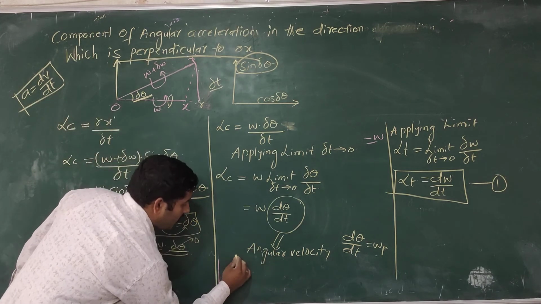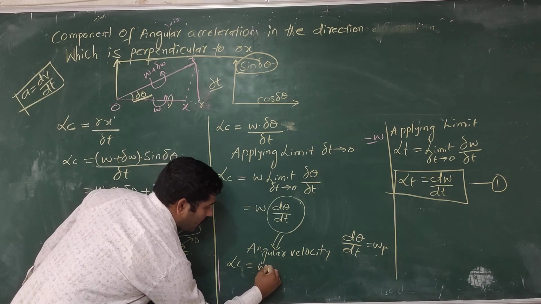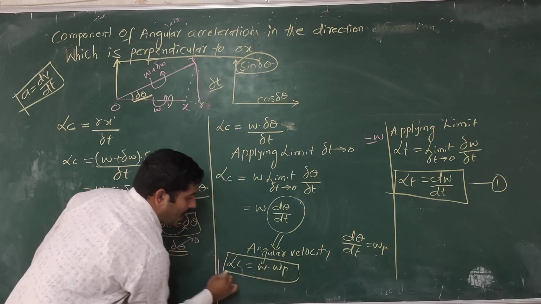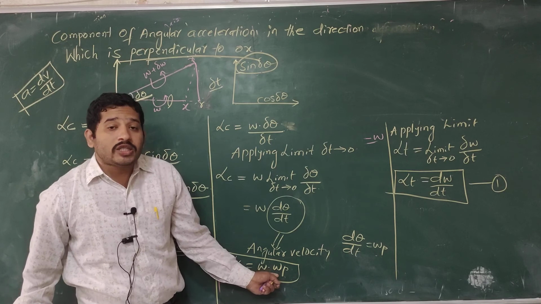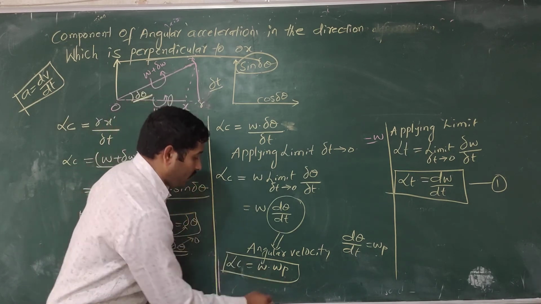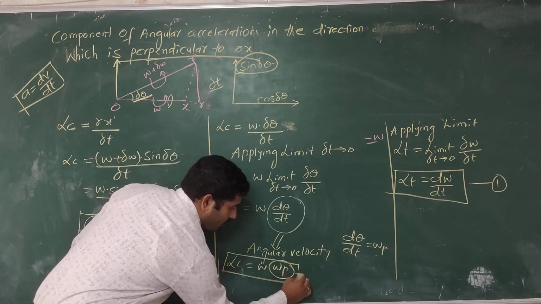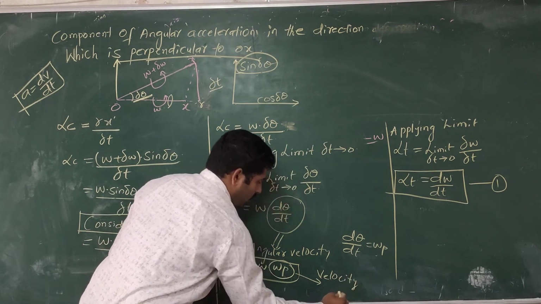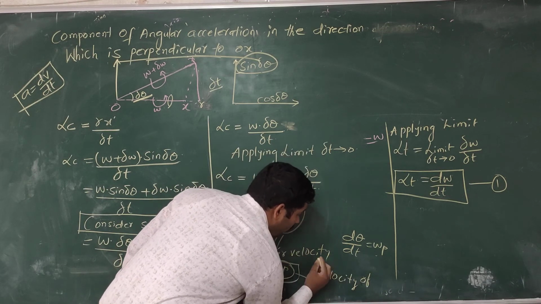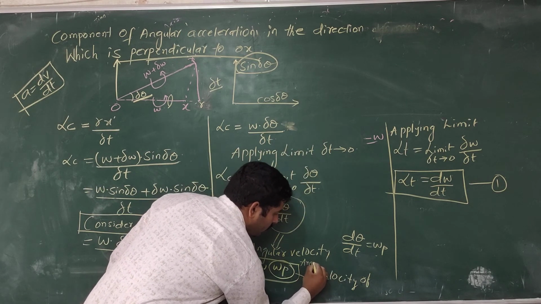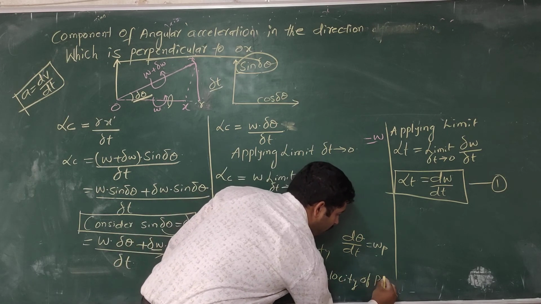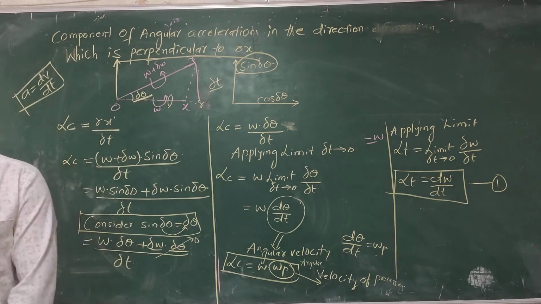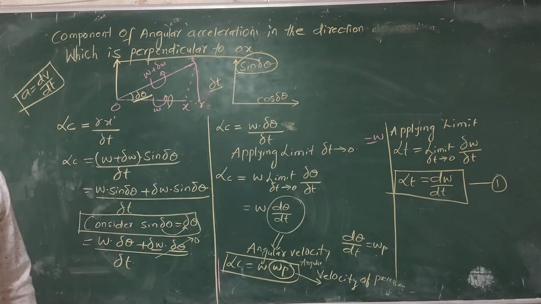Then alpha c is equal to omega into omega p. This omega p we can say is the angular velocity of precession. Okay dear, that is our conclusion.